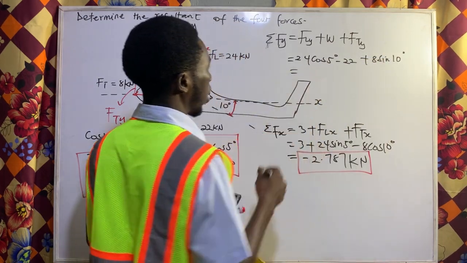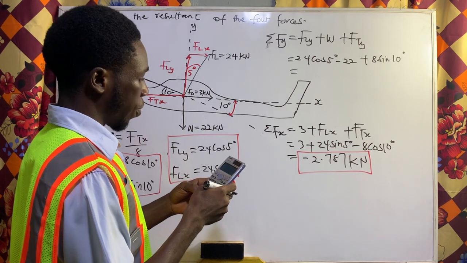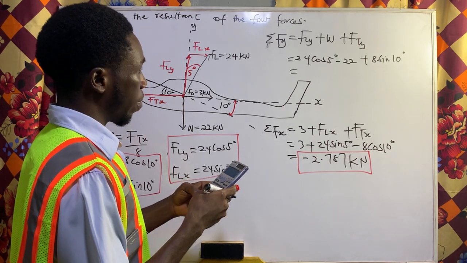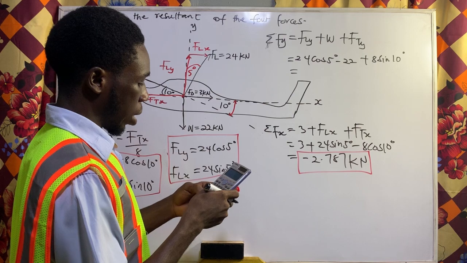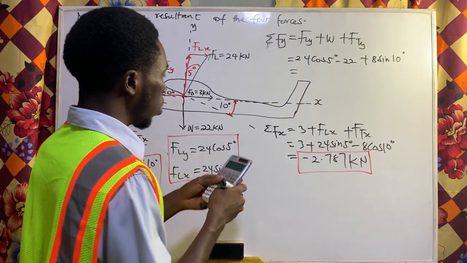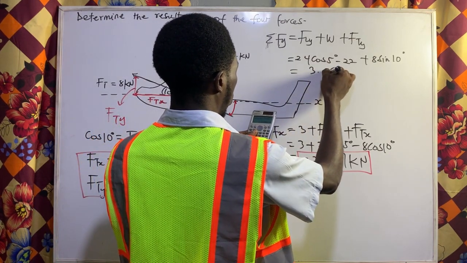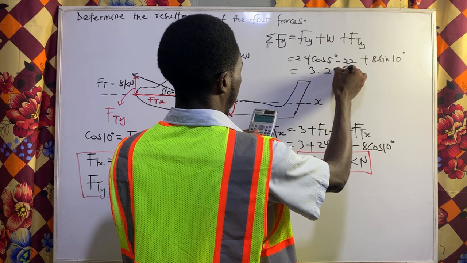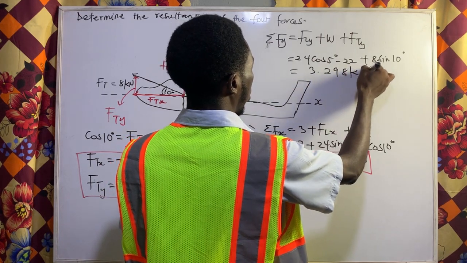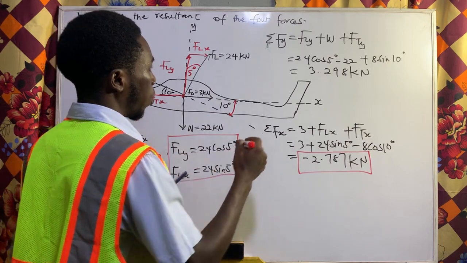Now let's find the value for that. So you have 24 cosine of 5 degrees minus 22 plus 8 sine of 10 degrees. So this will give us a value of 3.298 kilonewtons. Okay, so that would be the value for the y component.